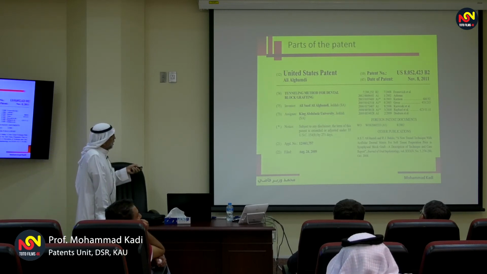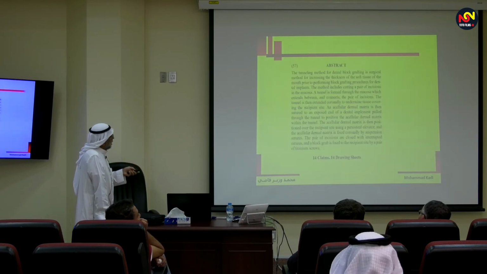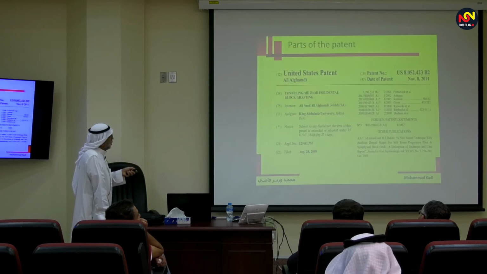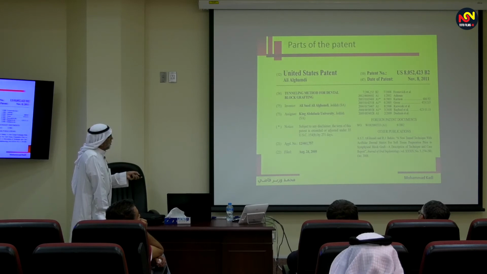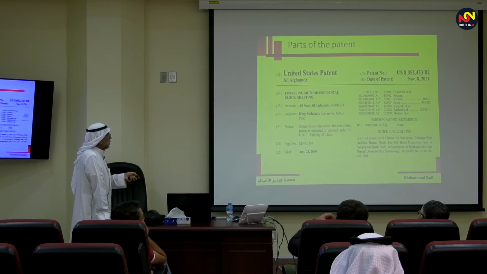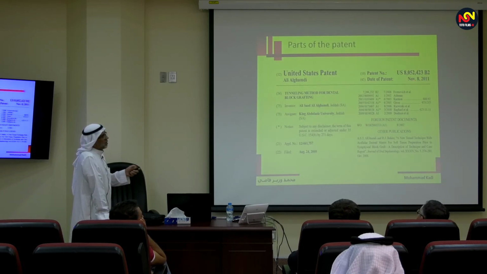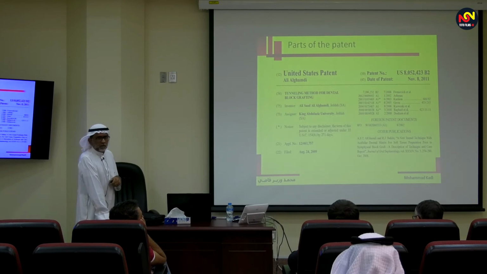Your name will be in the invention, but the assignment will also be indicated. Here is a history of the application times. We filed this one August 24th, 2009. It got issued November 8th, 2011. So this is one of the fastest ones we got.